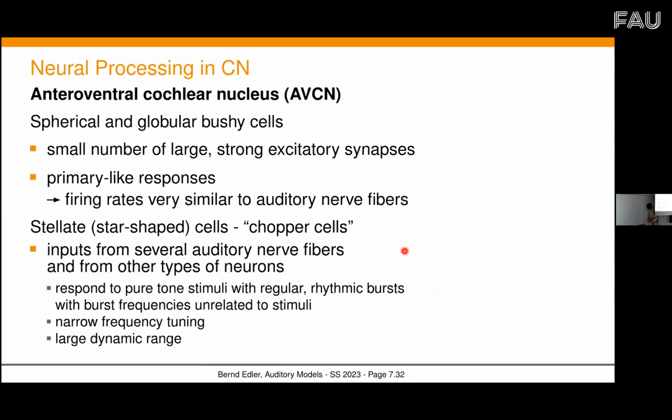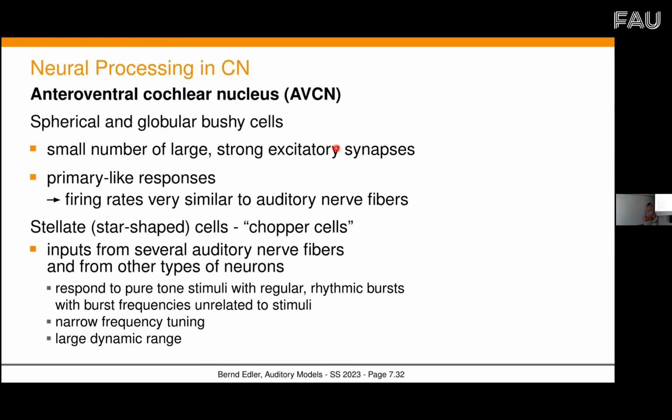So there is some neural processing in the cochlear nucleus. There's a subpart of it called the anteroventral cochlear nucleus. There are mainly these spherical and globular bushy cells, and a relatively small number of large cells which can have strong excitation.